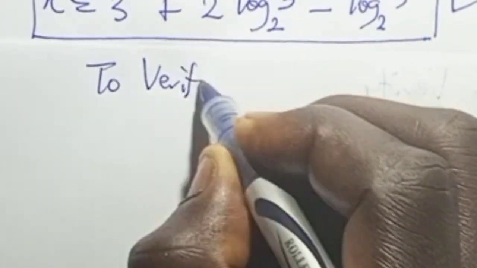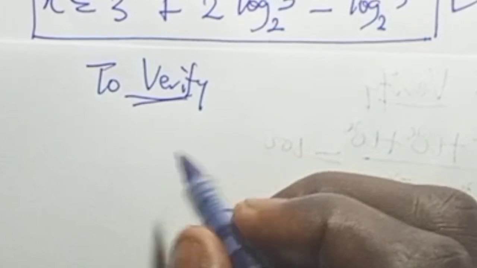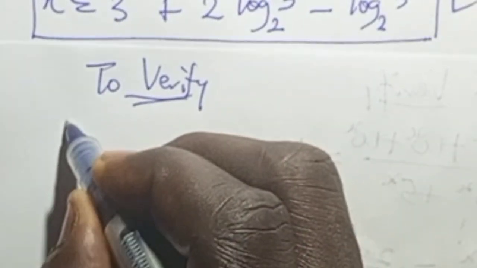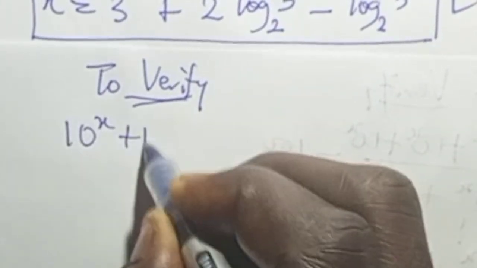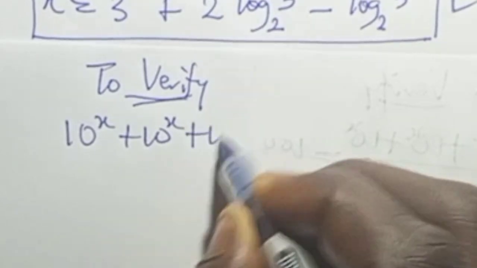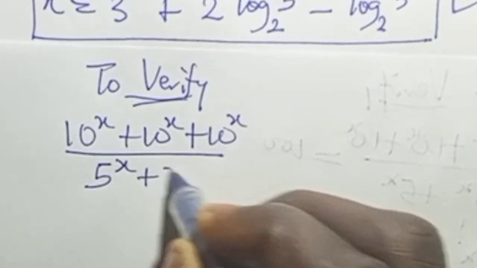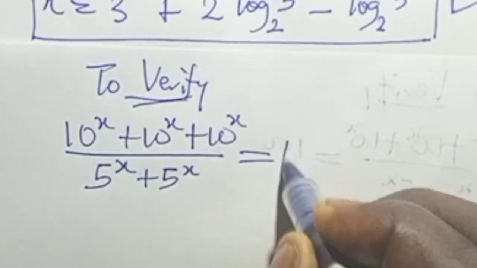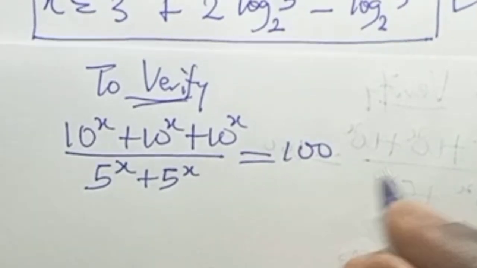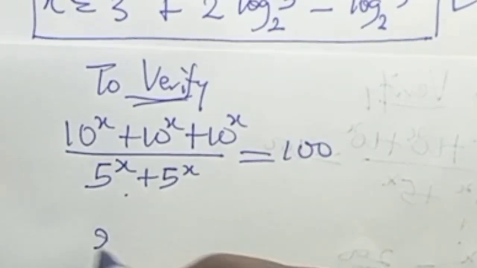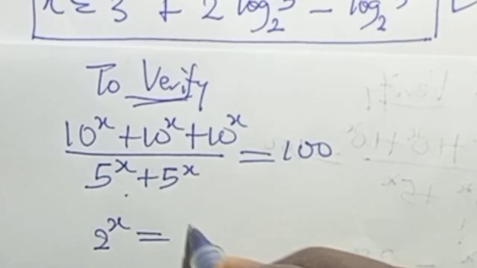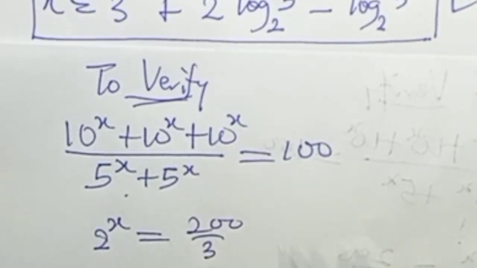To verify, we have the original equation as (10^x + 10^x + 10^x) over (5^x + 5^x) equals 100. And we solved it to 2^x equals 200 over 3.